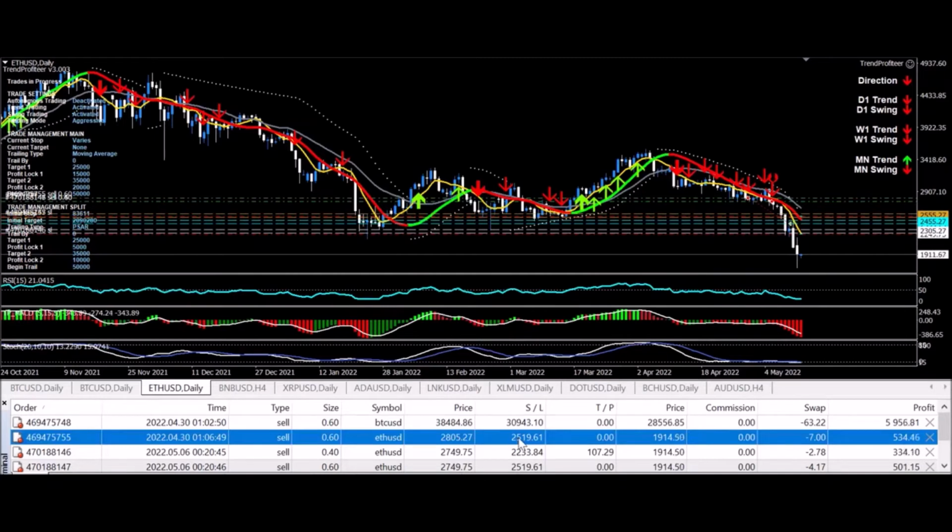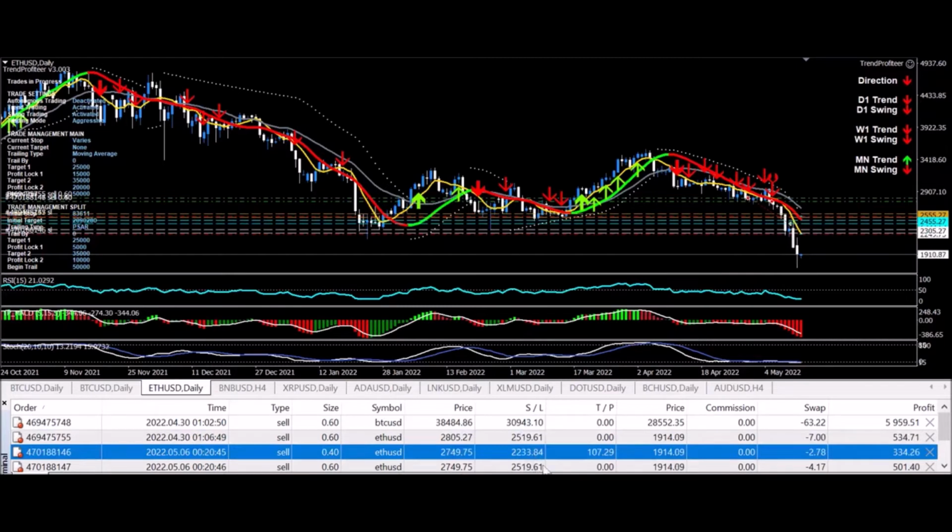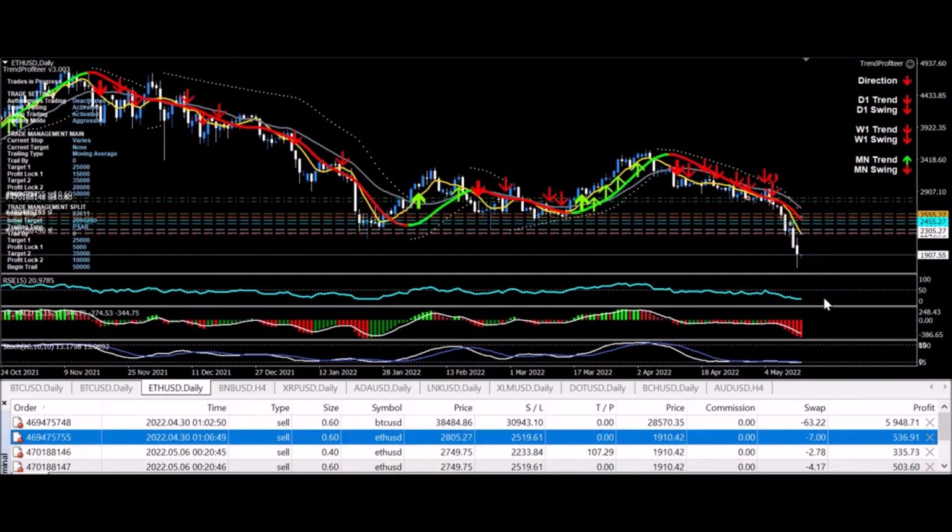These are my 3 trades that are still open. I've got this one here on $534 profit. That's a 0.6 lot. I've got another one at $334 profit, and then another one at $503 profit. These are just reasonable 0.6 and 0.4 lots based on the split trades, 2 trades per trade.